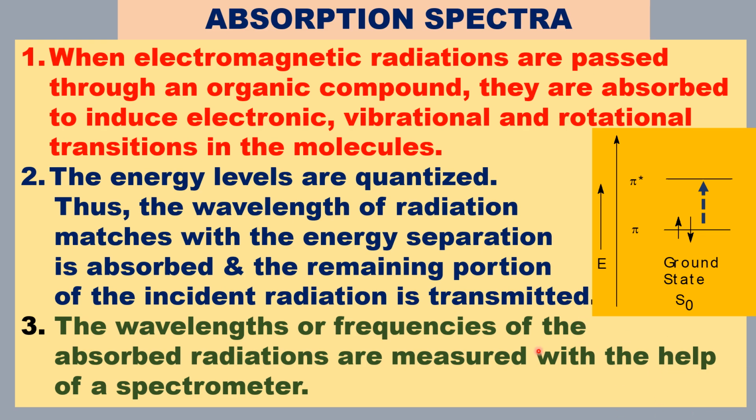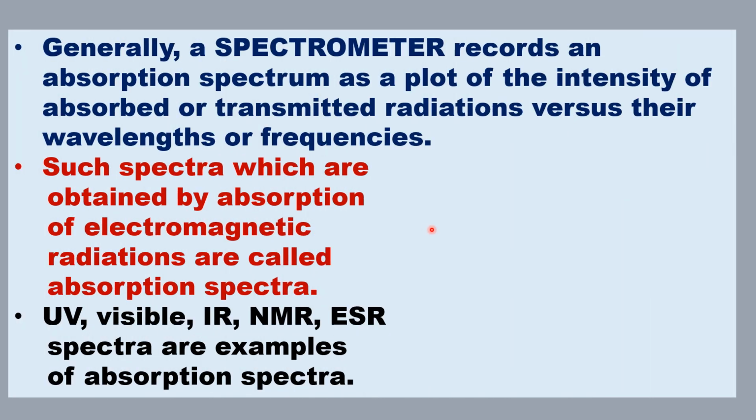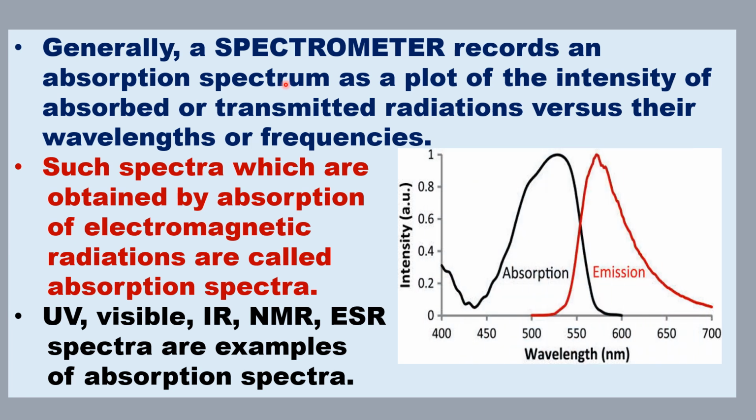We'll see next. So, what is a spectrometer? It records. This is the absorption spectrum, black color. This is the emission spectrum. They are mirror images of each other. Absorption and emission spectra are mirror images of each other.